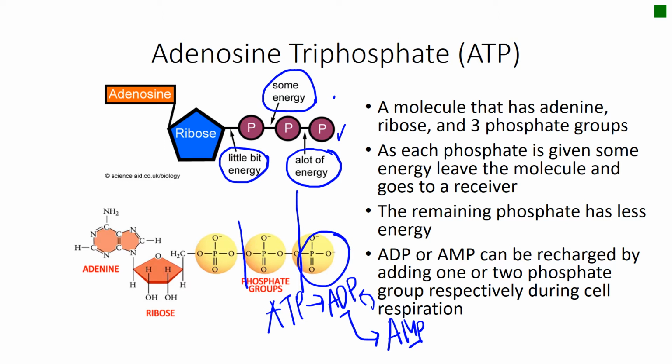If AMP is recharged through cell respiration, it will become adenosine diphosphate. The same thing also happens from ADP to ATP. Through cell respiration, the last P can be added to ADP and it becomes ATP, which is a fully recharged cell battery.